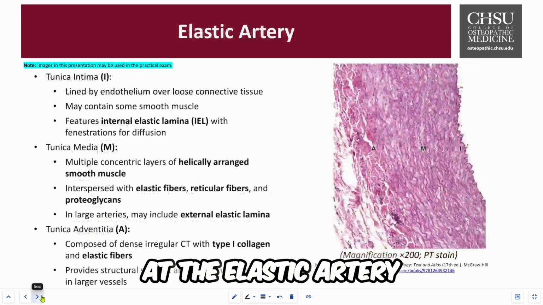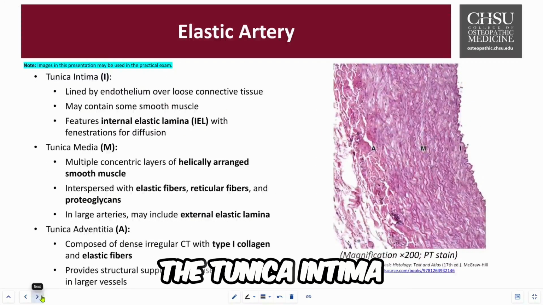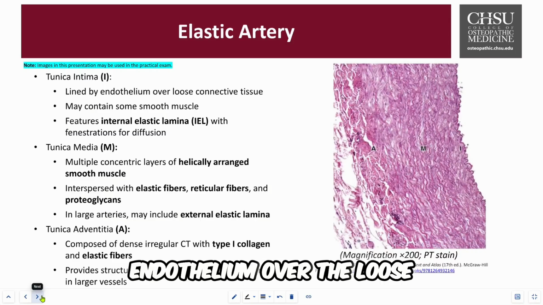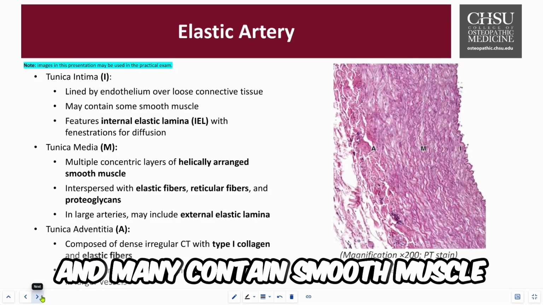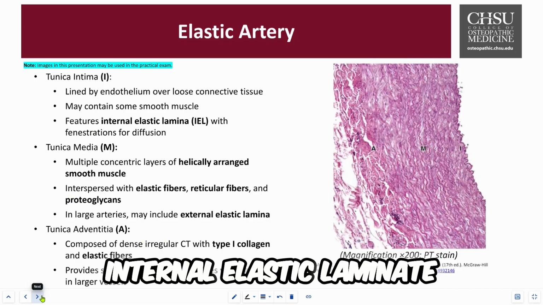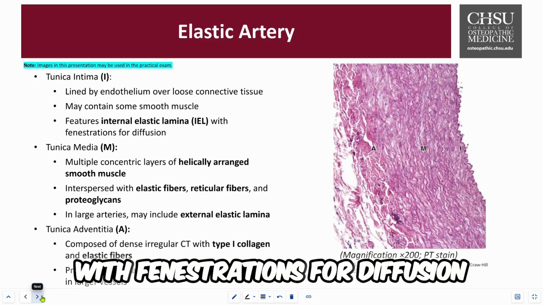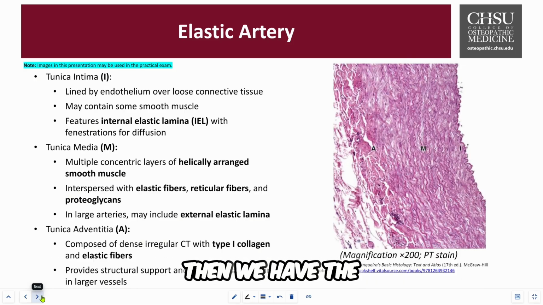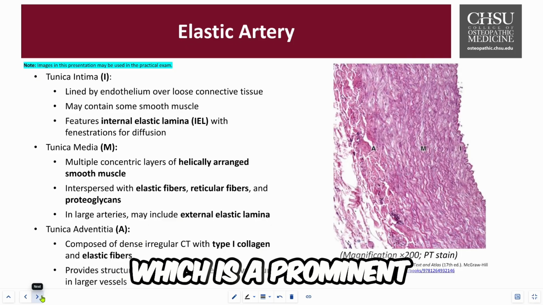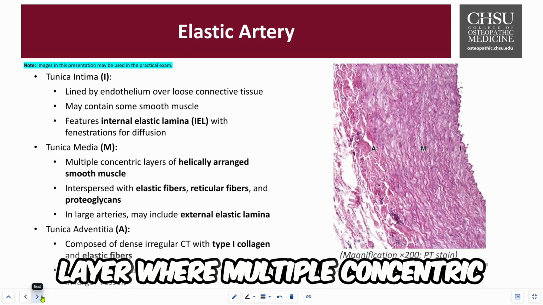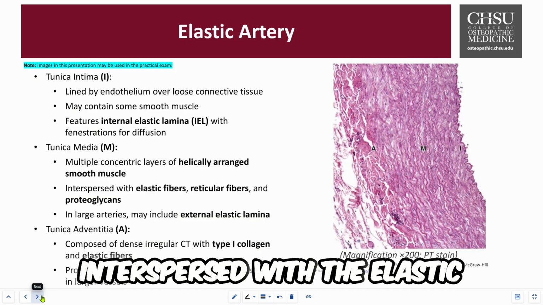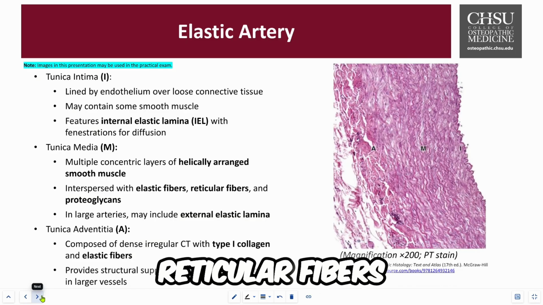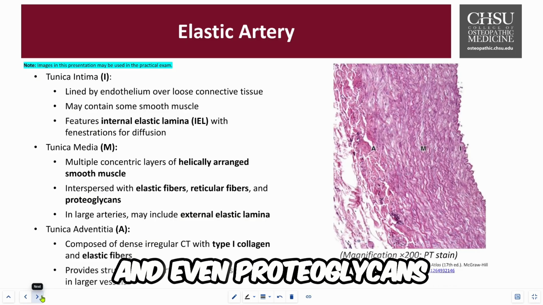Next, let's take a look at the elastic artery. The tunica intima, letter I, is lined by the endothelium over loose connective tissue, and may contain smooth muscle. It also features an internal elastic laminae, the IEL, with fenestrations for diffusion. Then we have the letter M, tunica media, a prominent layer where multiple concentric layers of helically arranged smooth muscle are interspersed with elastic fibers, reticular fibers, and proteoglycans.